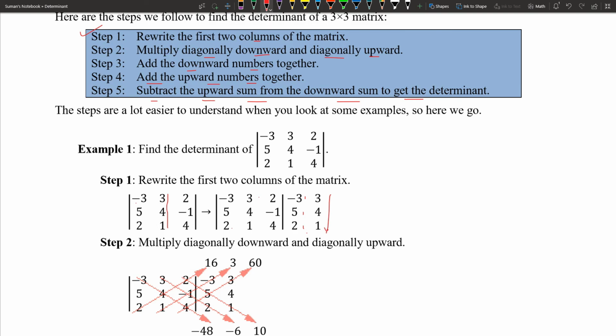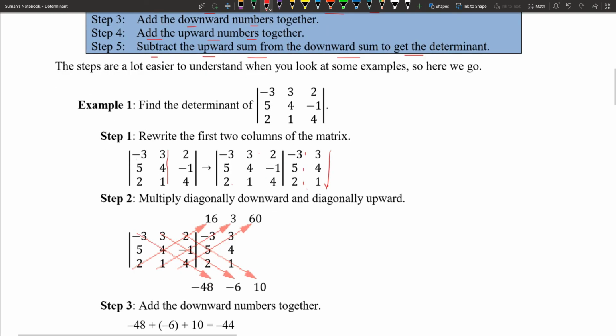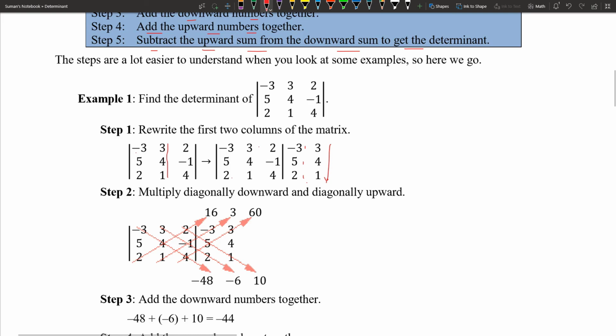Then step 2, multiply diagonally downward and diagonally upward. First, we are multiplying diagonally downward. Diagonally downward means we start from minus 3, 4, 4. So minus 3 into 4 into 4 is minus 48.